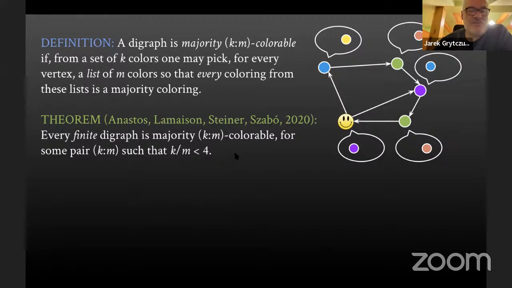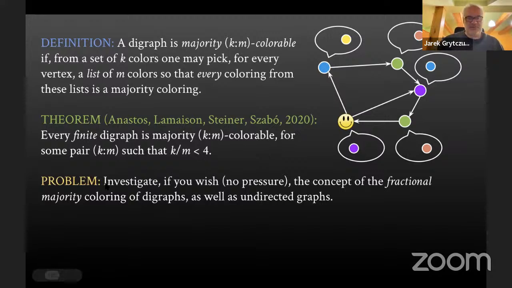So this is still very far from having 3 colors, but at least it is a kind of hope that maybe the truth is below 4, at least in this fractional sense.